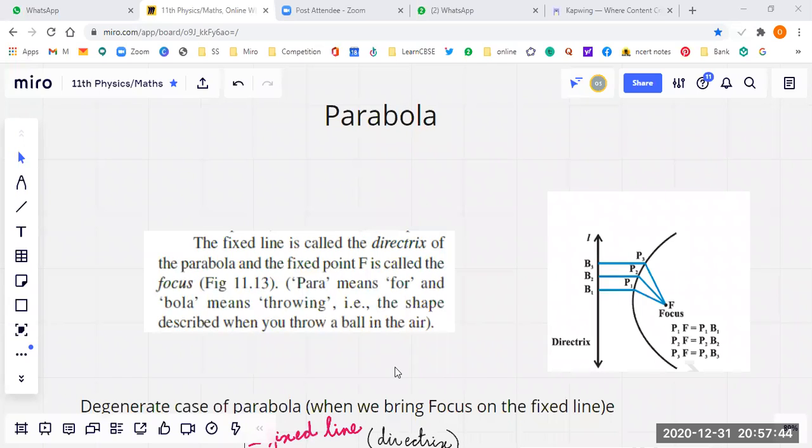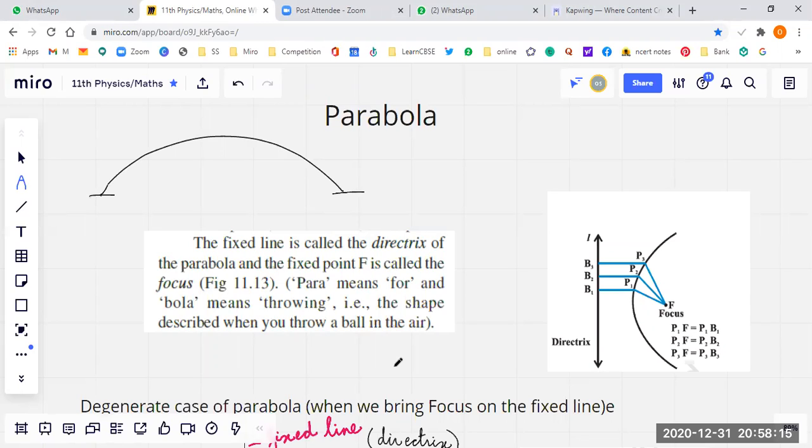What is a parabola? Para means far, bola means throwing. When we throw a ball, we know that it takes the shape like this in the air, and finally falls on the ground.